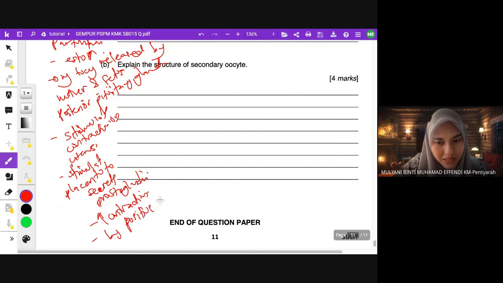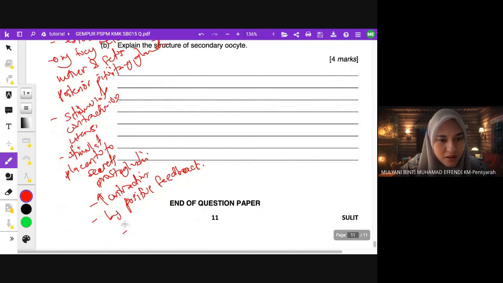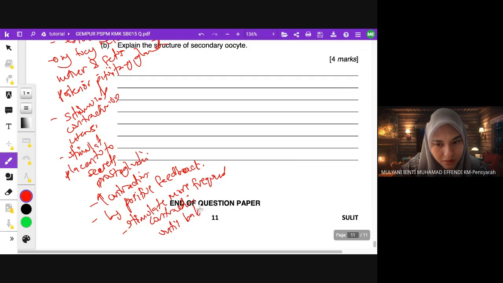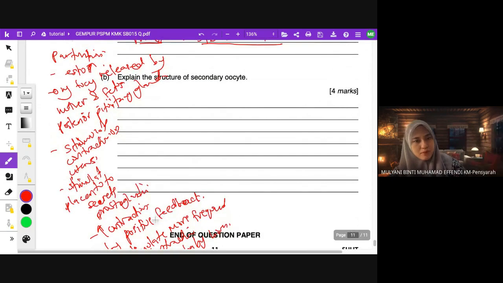Positive feedback ni kena sebut dalam essay ini tau. Okay, so by positive feedback stimulate more contraction, more frequent contraction until baby born. Macam tu. Okay, so ni antara point lah, sebab kalau parturition tu dia kata ada 6 point, 6 atau 5 point dia ambil. Okay, so itu antara point yang saya beri jawapannya lah.